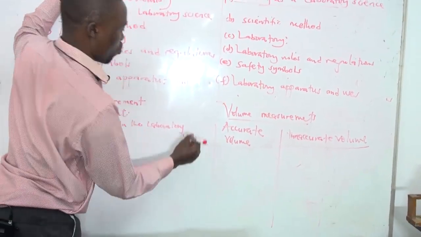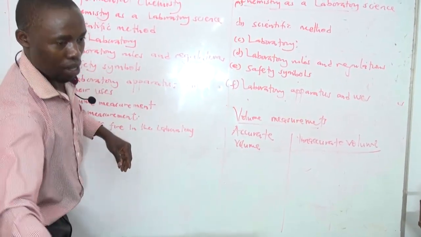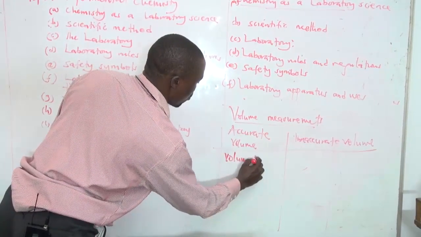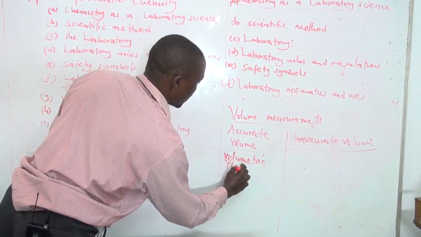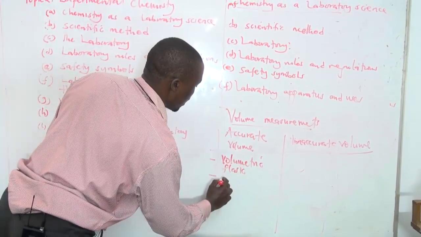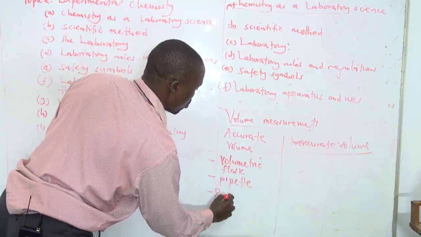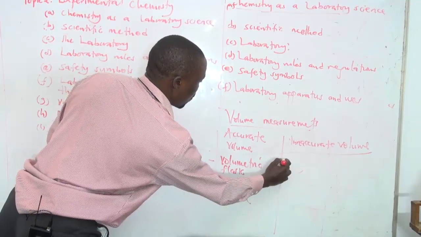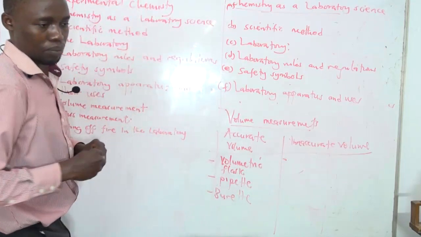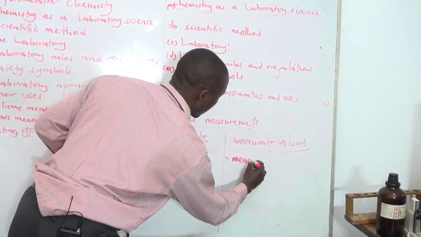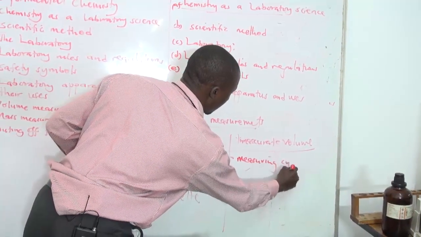Yeah, we use a volume. Which other one? Volumetric flask. Then we said here, pipette, burette, not so? Then here, we have the measuring cylinder.